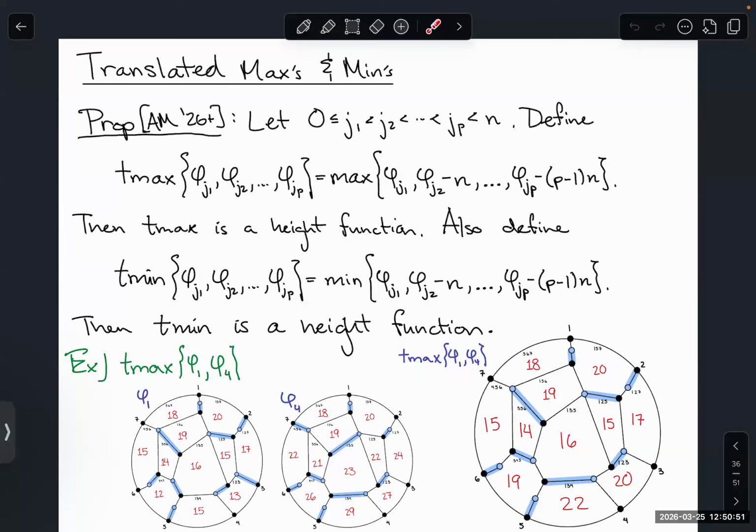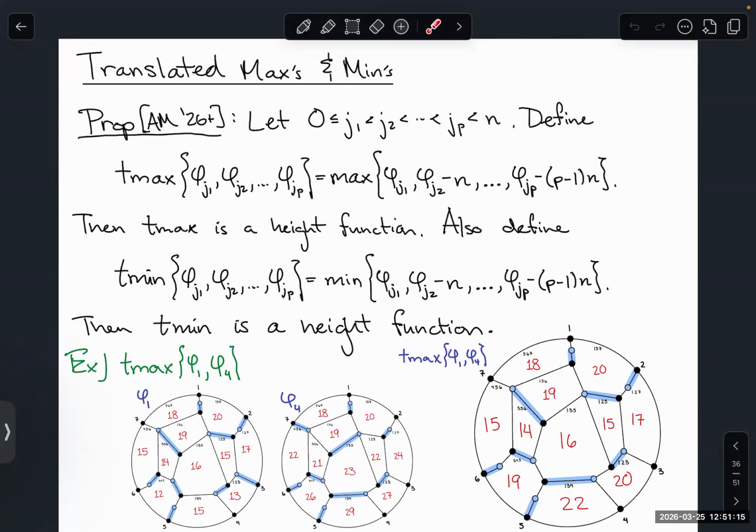So if we take a list of p height functions, phi j1 through jp, I want to define what's called the translated maximum or translated minimum to be the maximum or the minimum where each consecutive height function we're translating by a successive multiple of n.